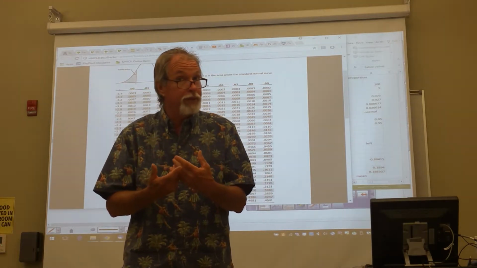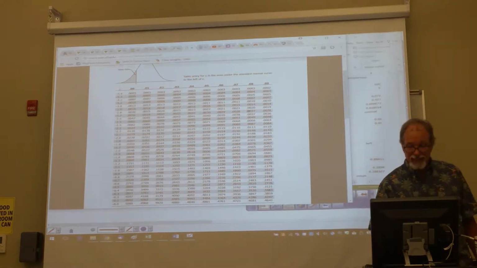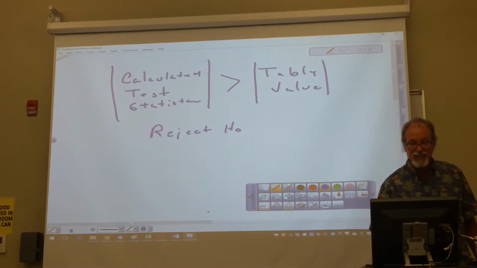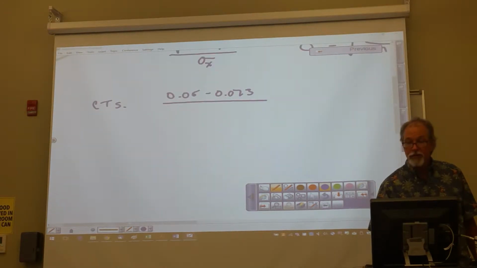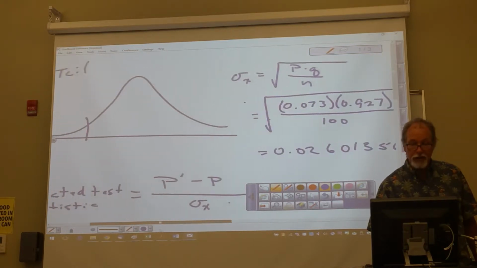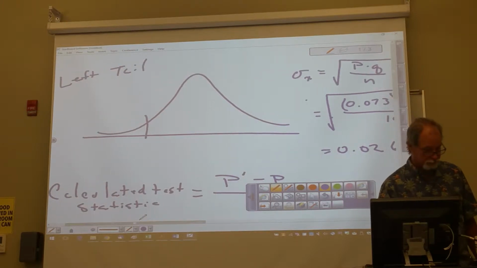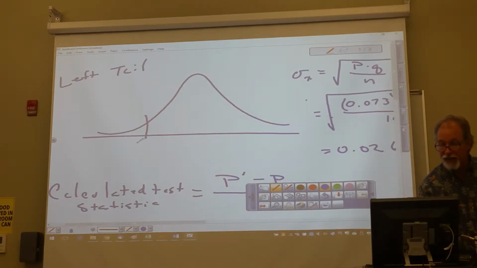What is my probability if I look at my picture? If I look at my picture, see, this is my table value.